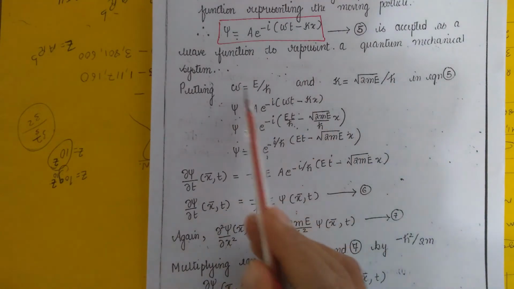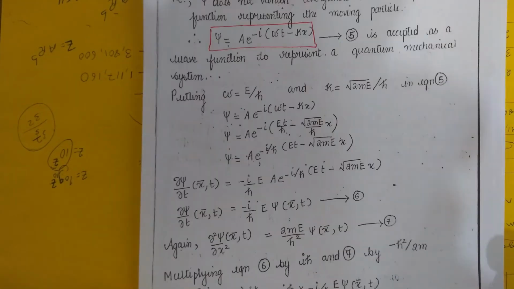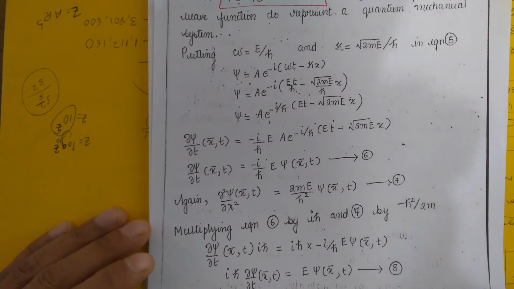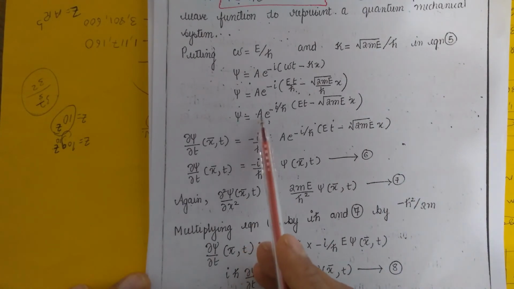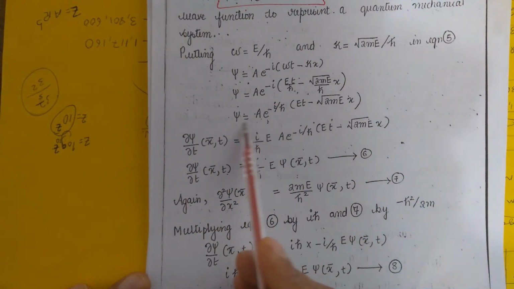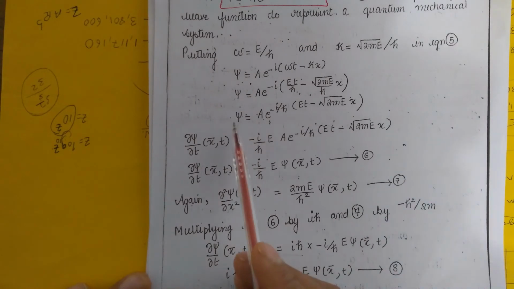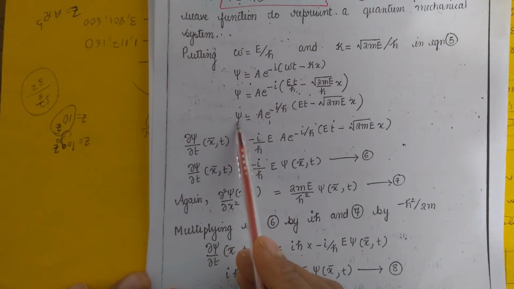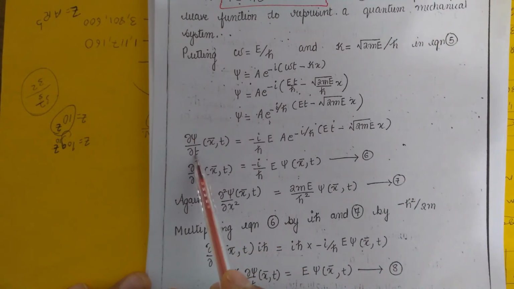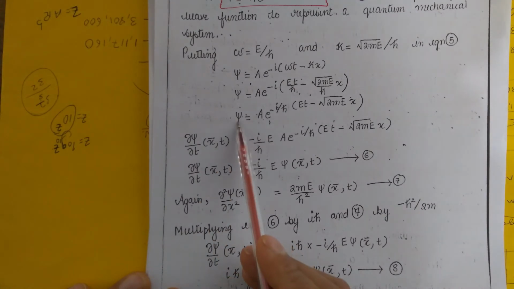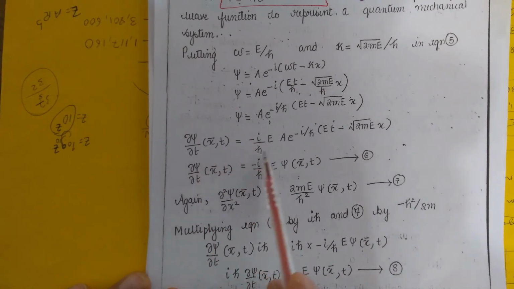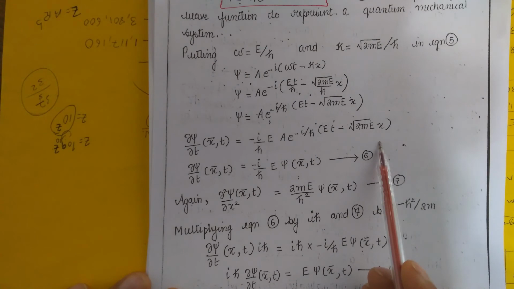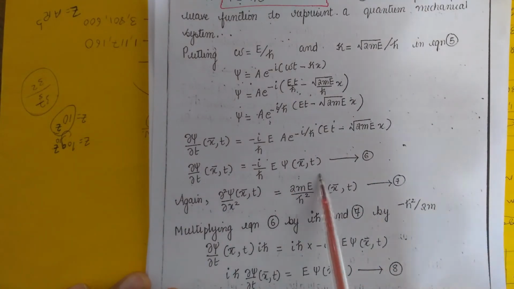After further simplification, we get psi equal to A times this term. Now let us differentiate psi, partial differential with respect to t, time. If we differentiate this function with respect to time, we will get this one. After further simplification, we get this equation 6.